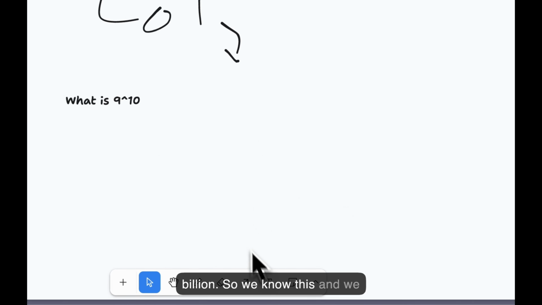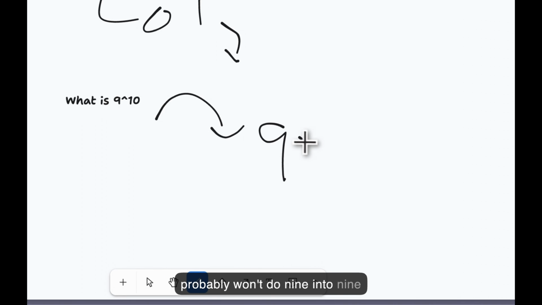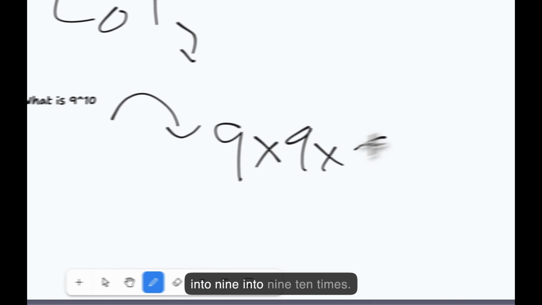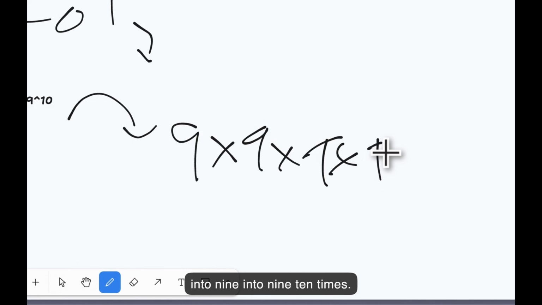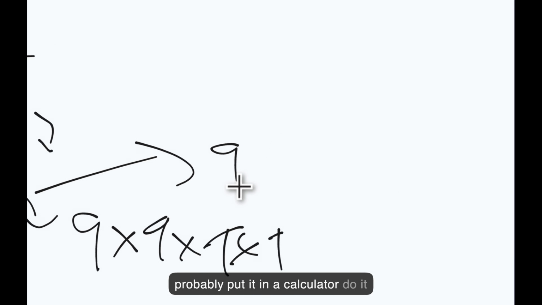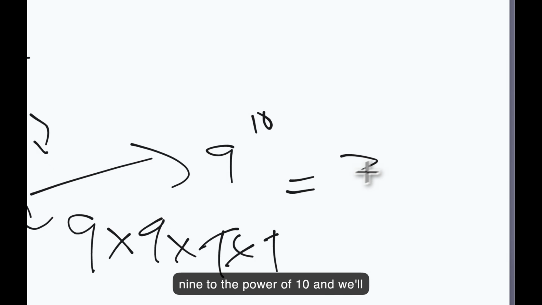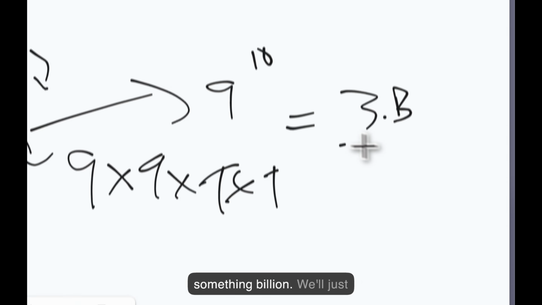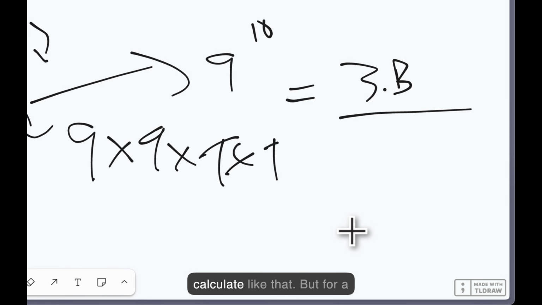We probably won't do 9 into 9 into 9 into 9, 10 times, right? We're just going to put it in a calculator, do 9 to the power of 10, and we'll just calculate the 3 point something billion. We'll just calculate it like that.